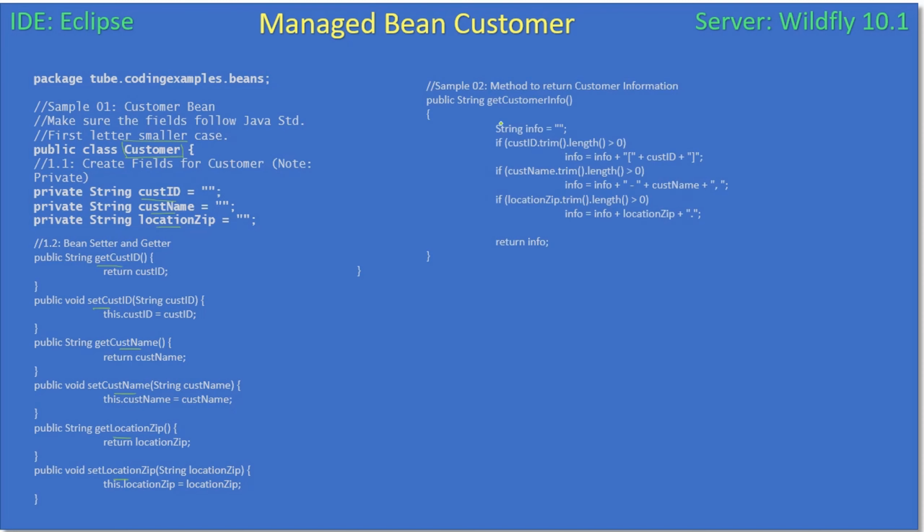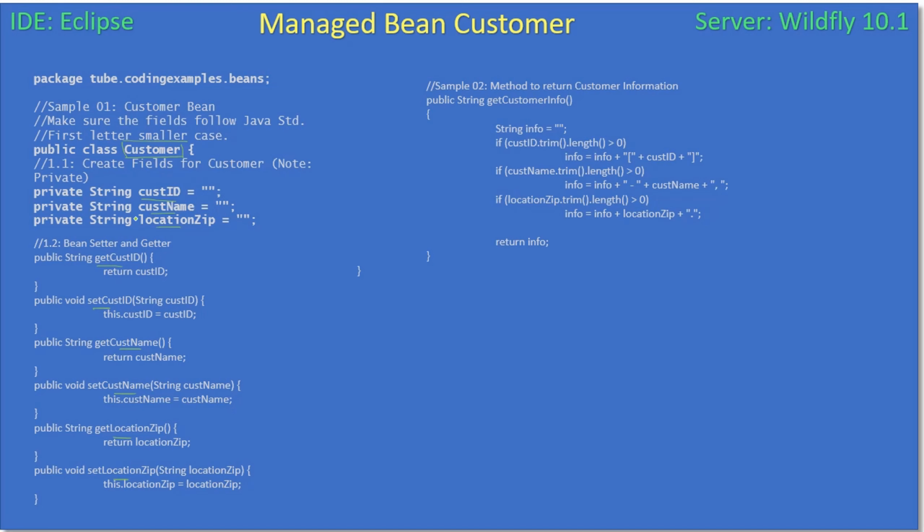And here we defined a method, public String getCustomerInfo. See the flavor here: get in lowercase, set in lowercase, then custID, so C should be caps here, then ID. In the field it is lowercase, but when we are forming the property, C should be caps.